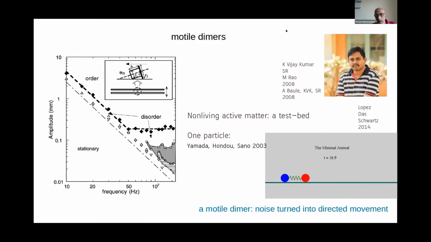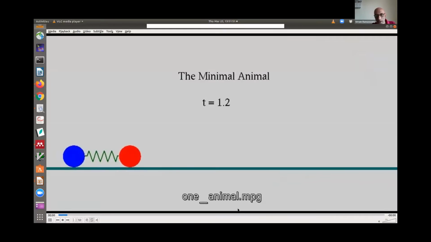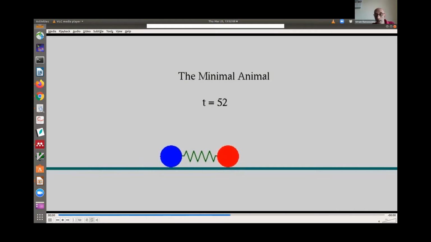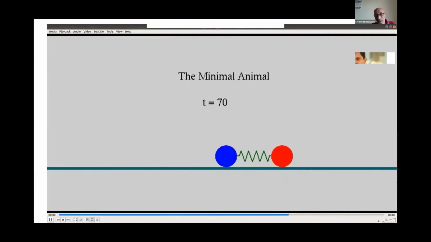This is work done by Vijay Kumar, now at ICTS Bangalore, and he showed that a system like this, if fed with noise of a non-equilibrium character, will start walking in one direction, slightly noisily. So it's a funny kind of Brownian ratchet in which the ratchet structure comes from the internal structure of the object and not from the terrain on which it's walking. So this is a simulation, and we've been hoping that someone will recreate an experiment, but not seen it yet.